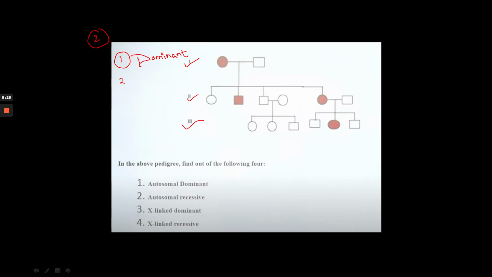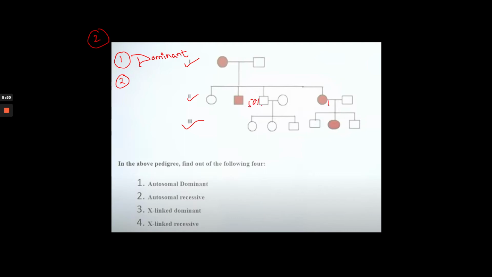Okay, then second sign that you need to look, that whether the inheritance pattern is showing the autosomal one or the X-linked one. In the case of, I should say, autosomal one, we have this rule that 50-50% individuals are affected.